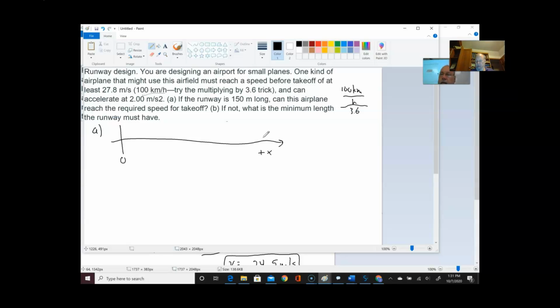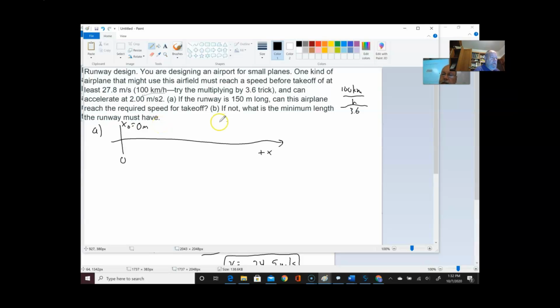First piece of information I collect is the initial position. And since I haven't been told what the initial position is, I can go ahead and say that the initial position is going to be 0 meters. I can make that decision. I can make whatever decision I want about the initial position. I just have to make sure that it's consistent with the rest of it. So anyway, my initial position is 0 meters.